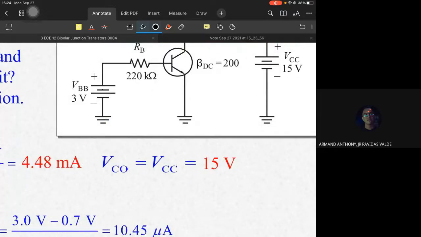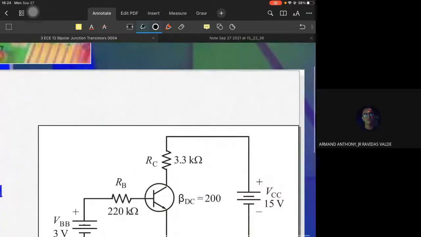Before I go further, a reminder that I haven't pointed out earlier. The tags VCE, VCB, and VBE are voltages across terminals.